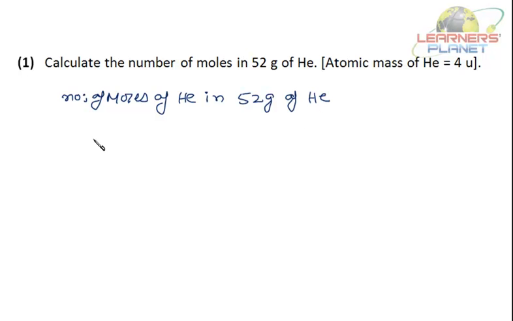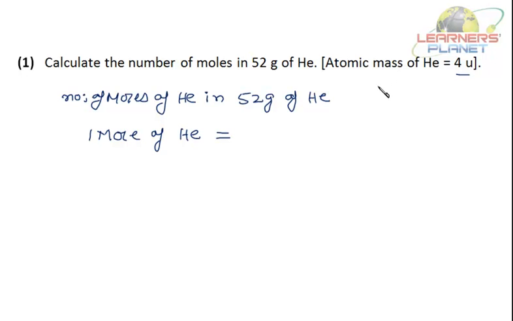Now we know that 1 mole of helium has a gram atomic mass of, the atomic mass of helium is 4 unit, and the amount of helium in grams whose mass in grams is numerically equal to its atomic mass is what?